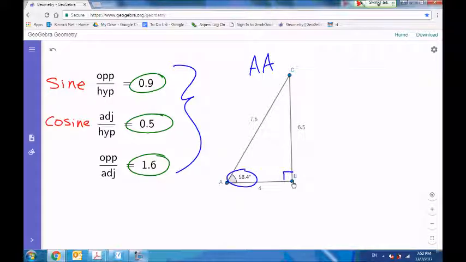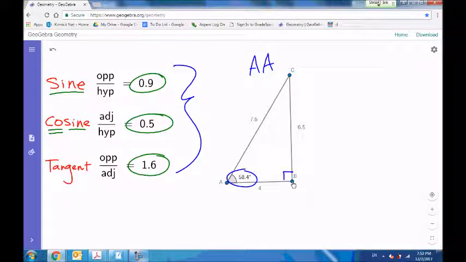We'll talk in a future lesson, maybe the next one, about why this is called the sine and why this is called the cosine, and the relationship between them. But for now, know that opposite over hypotenuse is the sine ratio, adjacent over hypotenuse is the cosine ratio, and opposite over adjacent is called the tangent ratio.